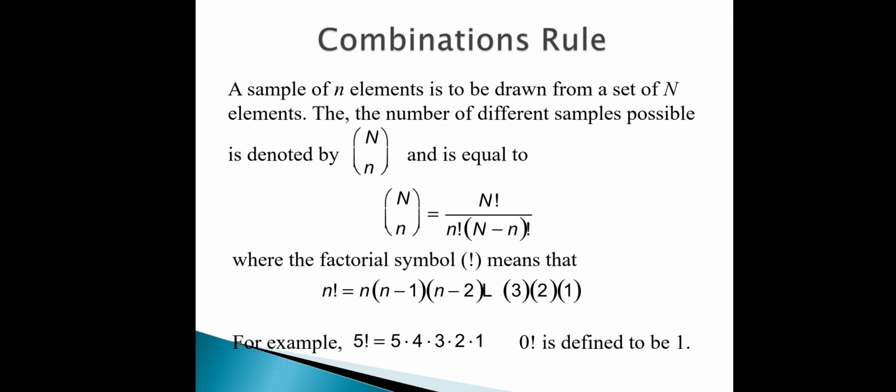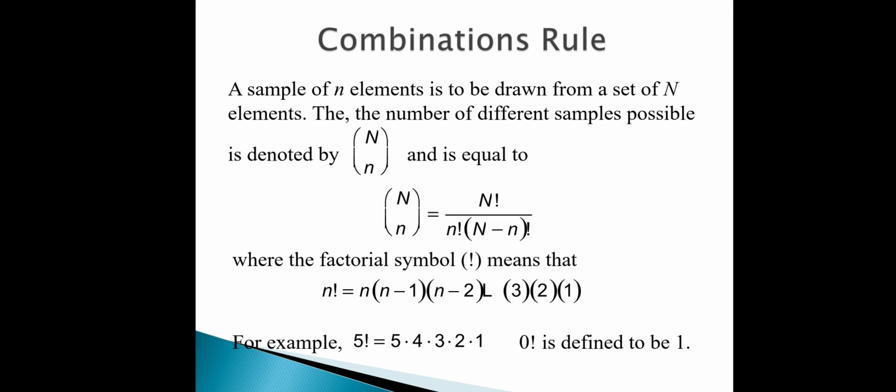The number of different samples possible is denoted by the bracket capital N, small n, and is equal to N factorial upon n factorial into (N minus n) factorial, where the factorial symbol is represented by an exclamation mark, and N factorial is equal to N into (N minus 1) into (N minus 2) and so on down to 3 into 2 into 1.